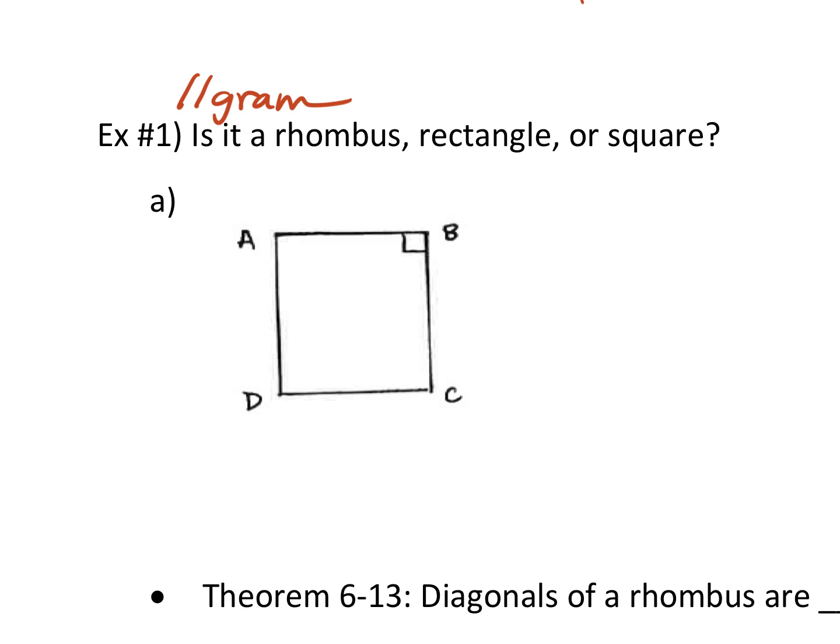We don't know anything about the side lengths. The only thing they have marked for us is that that's a right angle. So in a parallelogram, opposite angles are congruent, so this would have to be a right angle. What do you know about consecutive angles?